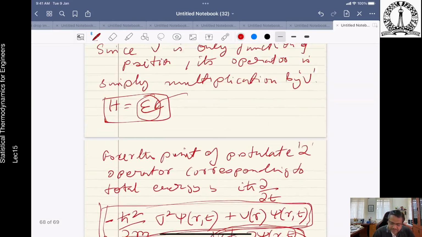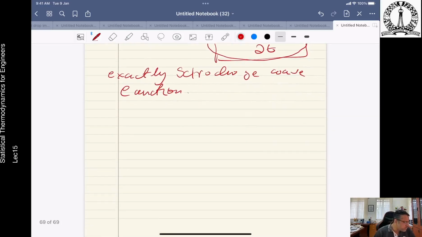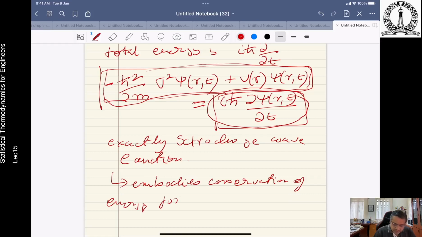So in essence, what we have seen is that Schrödinger's wave equation actually embodies the conservation of energy for a single particle in an atomic or molecular system.